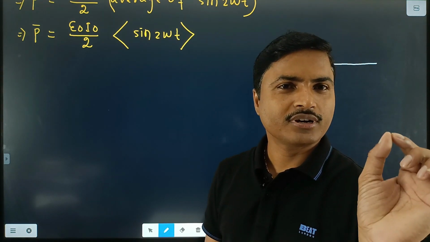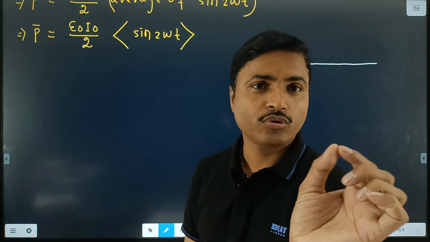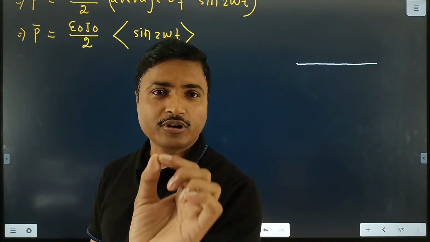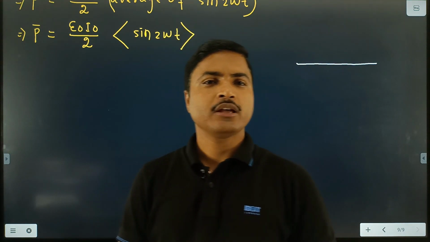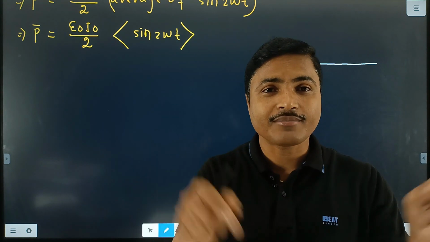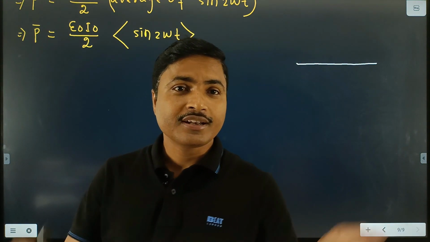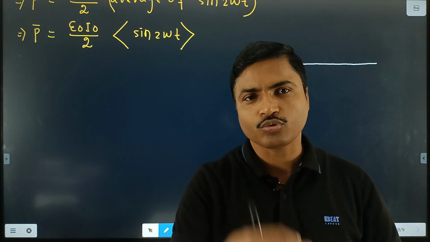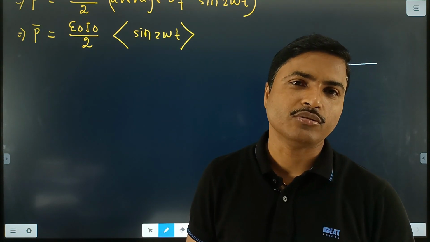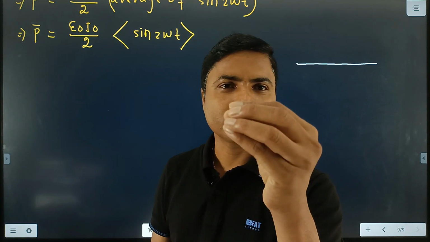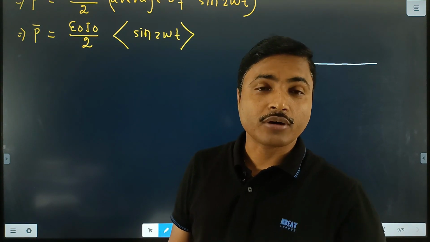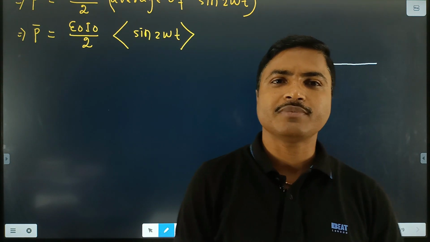Suppose the mass of the first student is M1, for second M2, for third M3, and for fourth M4. So the total mass is M1 plus M2 plus M3 plus M4 divided by the number of students, that is known as the average value. That means the sum of all the masses divided by the number of students is known as the average value.